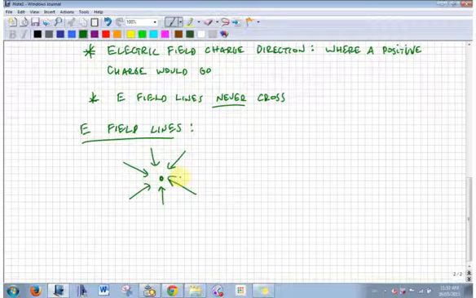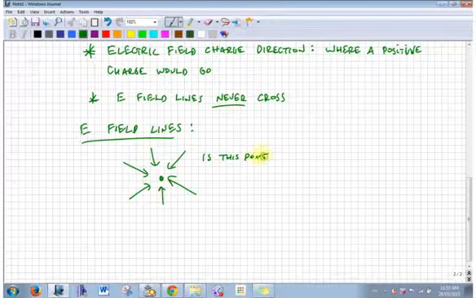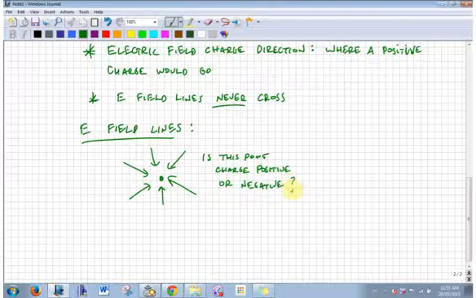If there's a point charge, well, what do you think? Would that charge be positive or negative? I'm not putting a plus or a minus on there. You got to know from the electric field lines.